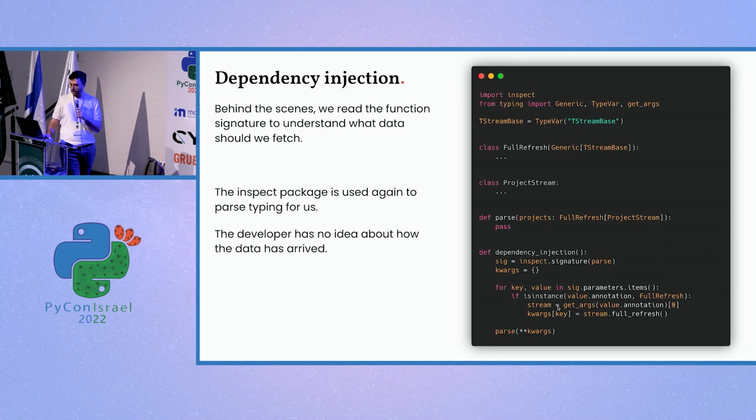We use dependency injection. We read the signature, the typing of the parse function, and we iterate it. We find if one of the typings is a full refresh, and then we fetch it using typing's get_args, the subclass in there. Once we got it, we can run the full refresh later on and then give it to the actual function.